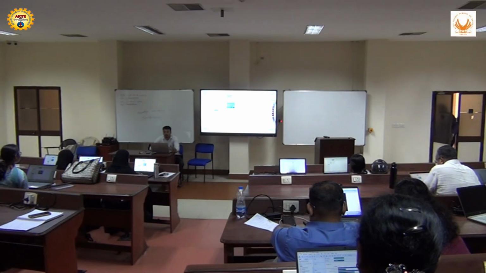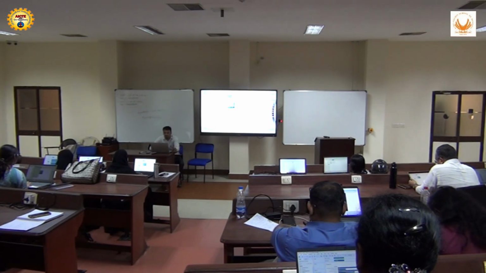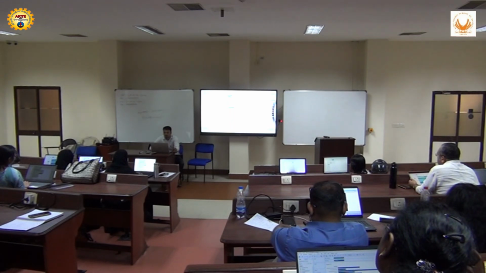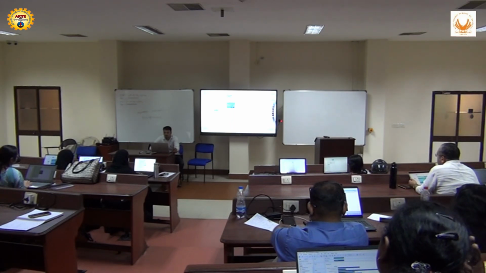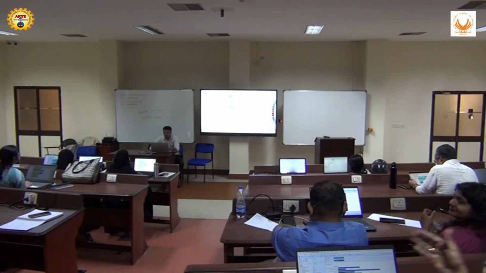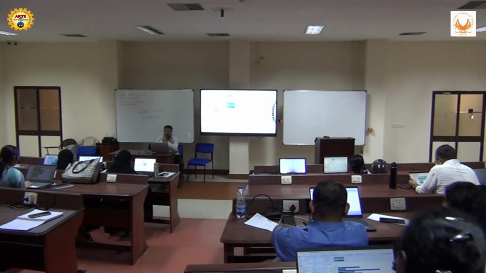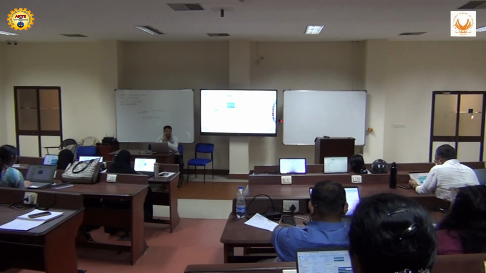Again, the purpose of analysis is that you can get different values here. I need totals: row totals, column totals. Analyze totals, column totals. This is how you get it.